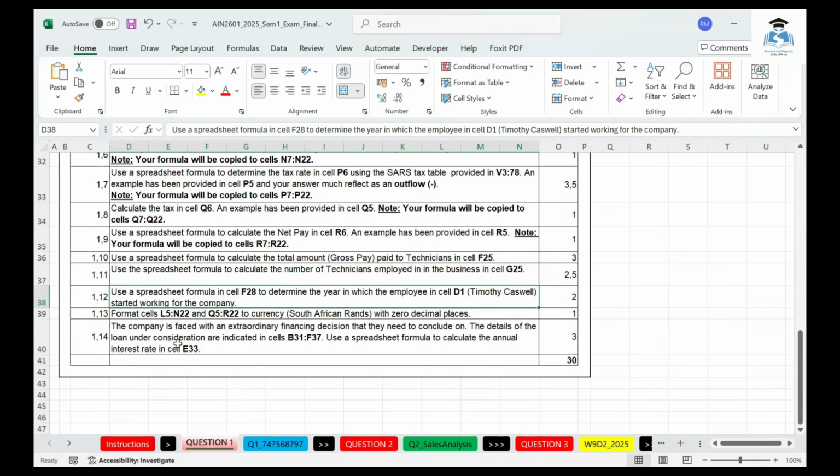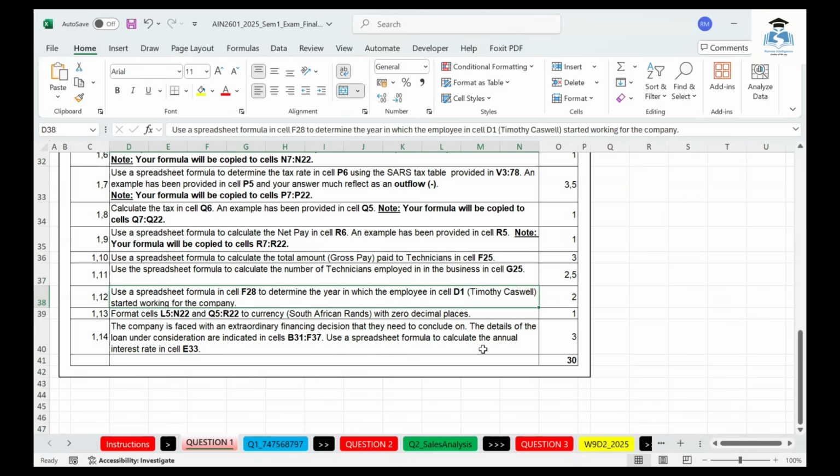Then the last part says the company is faced with an extraordinary financial decision that they need to conclude on. The details of the loan under consideration are indicated in cells B31 to F37.